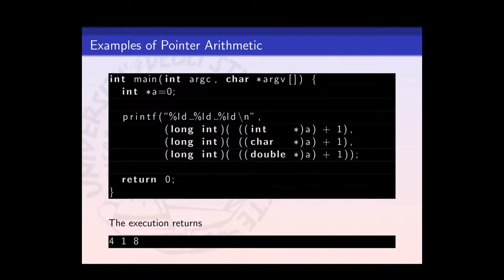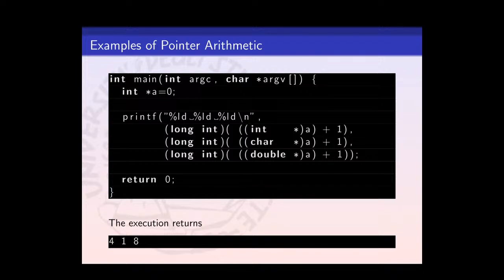So in each of these three lines, after the typecast, a became a pointer to integer in the first line, a pointer to char in the second line, and a pointer to double in the third line. So I'm changing the meaning of the value stored in a.